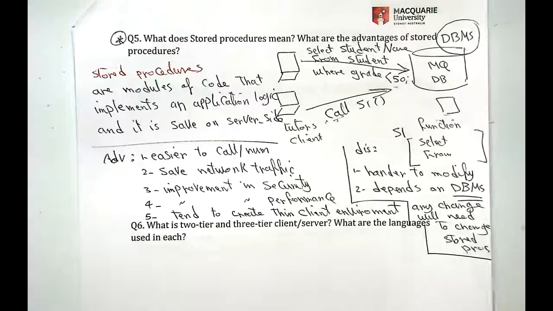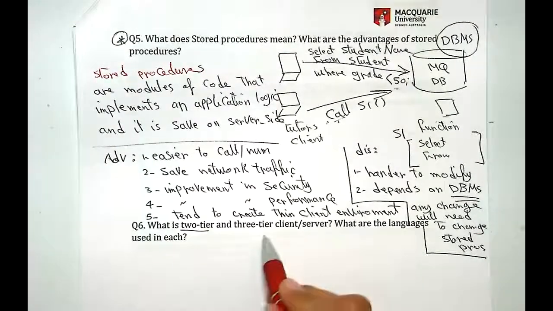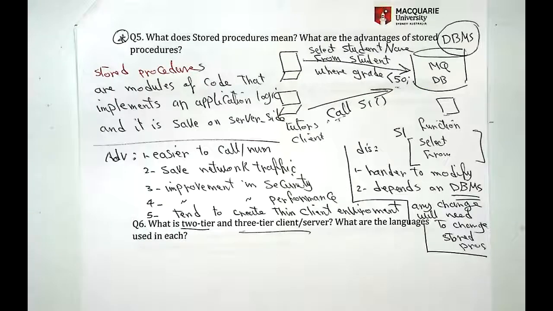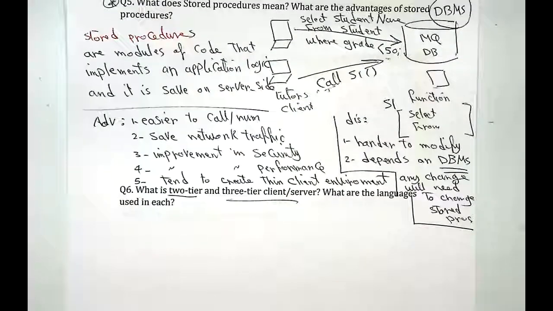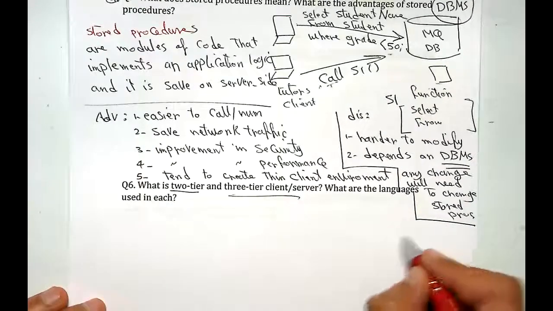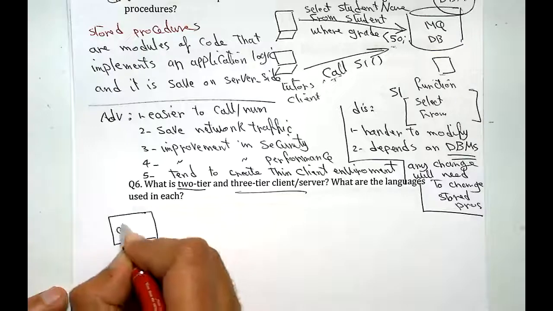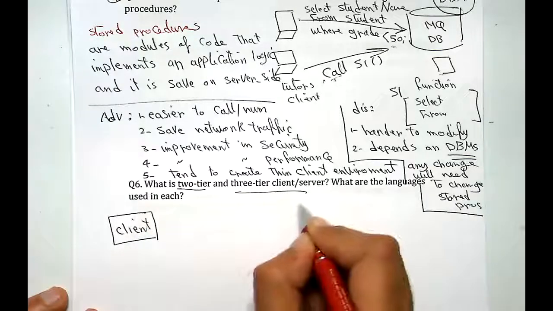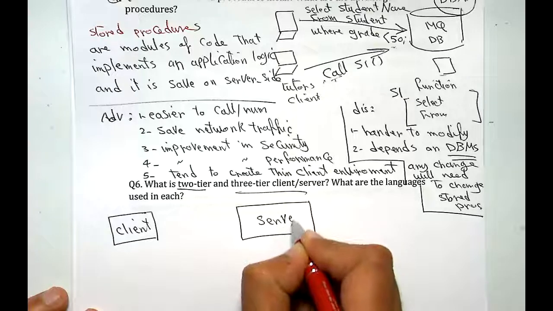The next one, okay, good. What is the 2-tier and 3-tier client-server architecture? So in 2-tier, which is a bit old but still exists in small systems especially, we have just a client and a server.